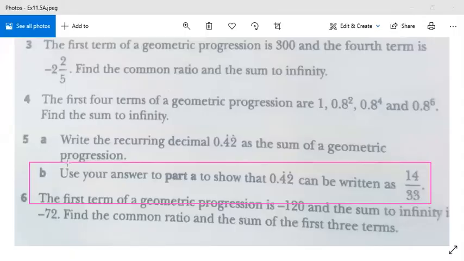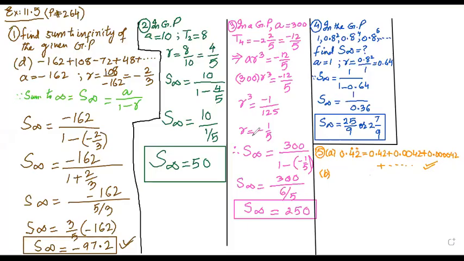In part B of question number 5, we are required to use the answer of part A to show that 0.42 recurring can be written as 14 upon 33. So using the answer of part A, what we simply need to do is take 42 common from the series.